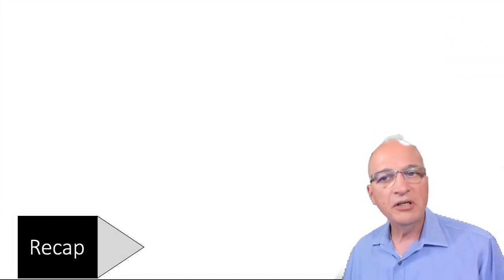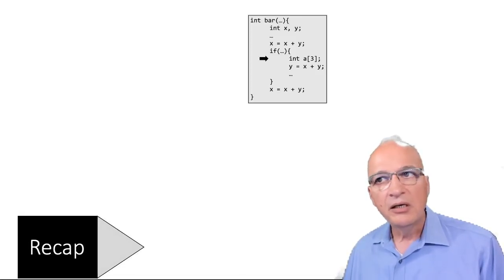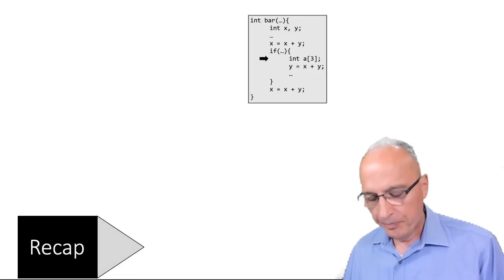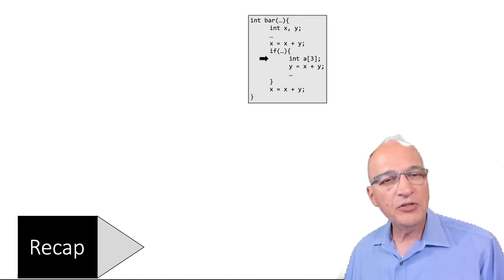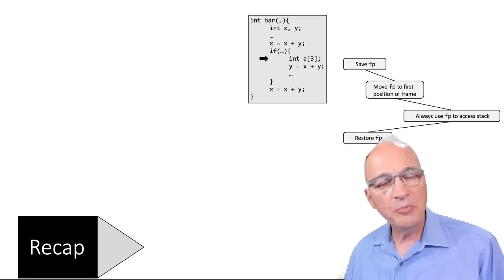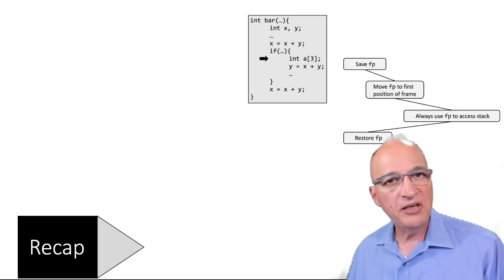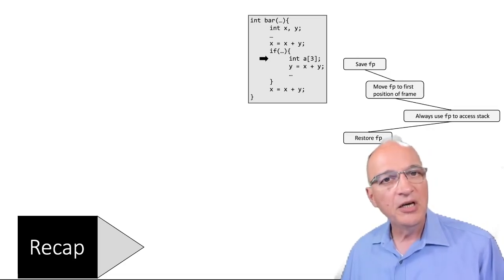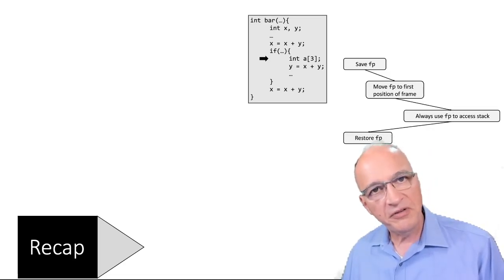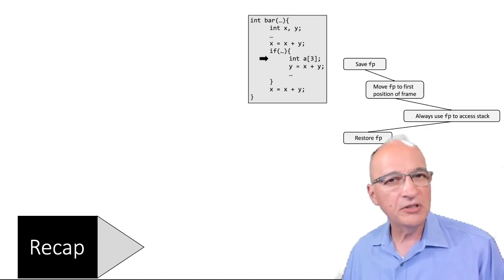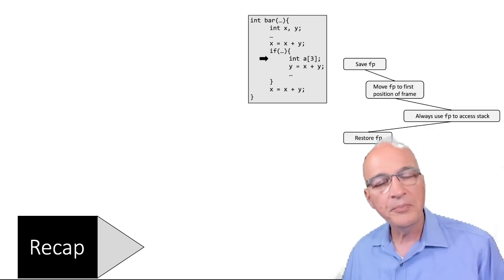So to recap this part of the lecture, what we have learned here is that when I have a function that may change the value of the stack pointer while executing, I should be using the frame pointer. So by saving the frame pointer first, moving the stack, saving the frame pointer, and then moving the stack again to create the frame for the callee.